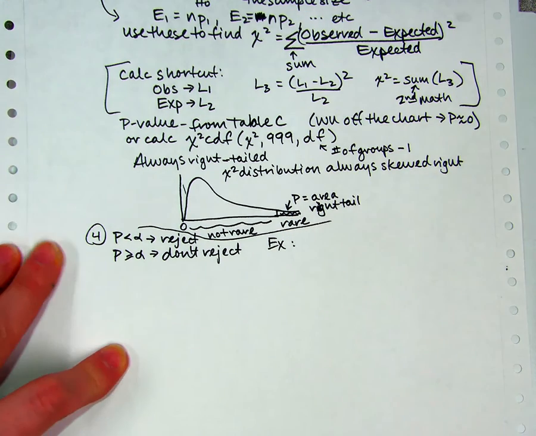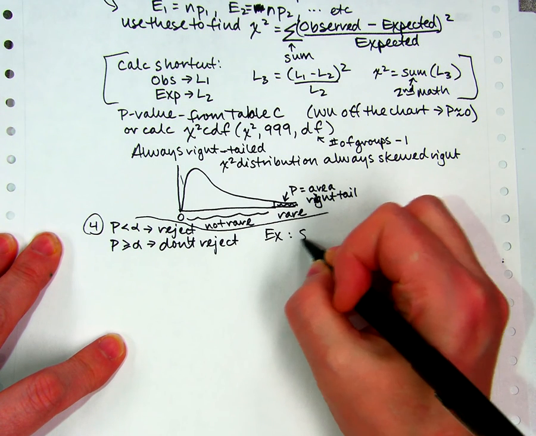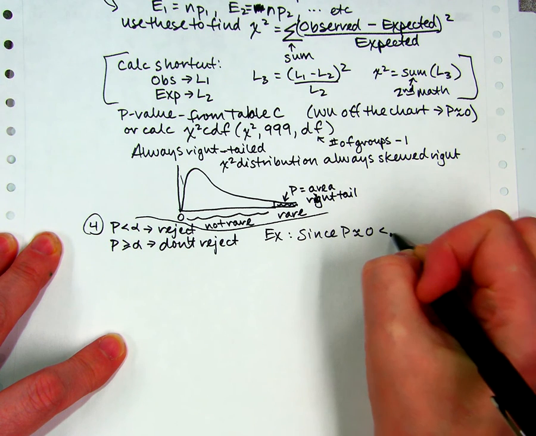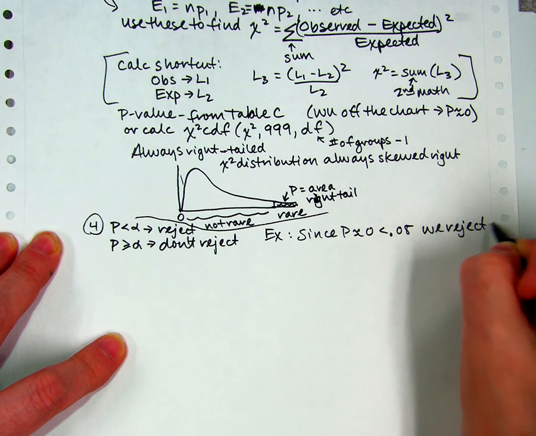Oh, yeah. So the example was since P was approximately 0, which is way less than 0.05, we reject the null.